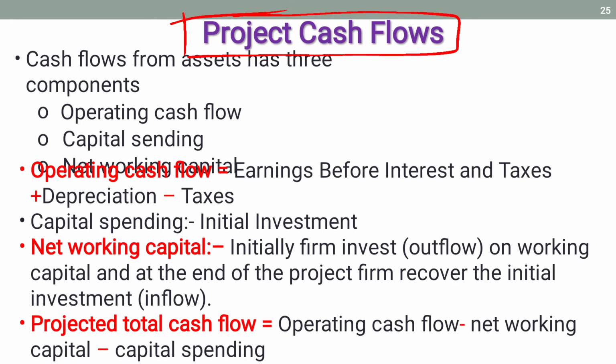Cash flow from the assets has three components. One is operating cash flow, capital spending, and the third one is net working capital. I have a typing disorder, I'm sorry for that.